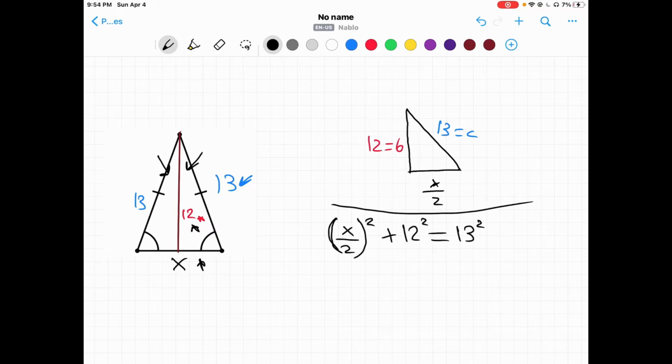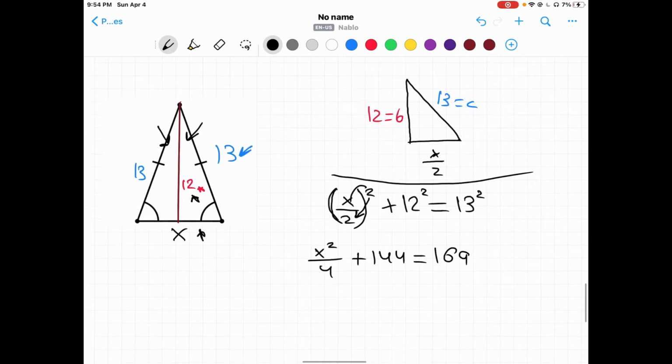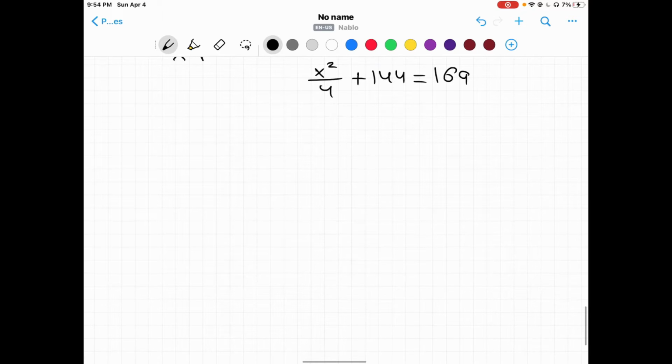Now we would simplify this, so this would be x squared over 4, since 2 times 2 is 4, plus 144 equals 169.